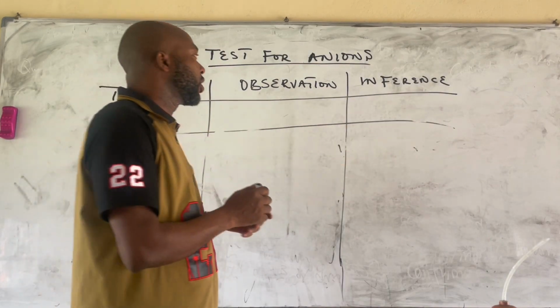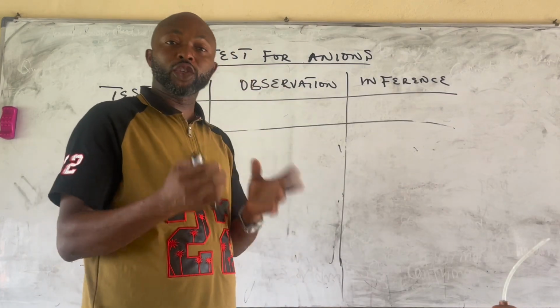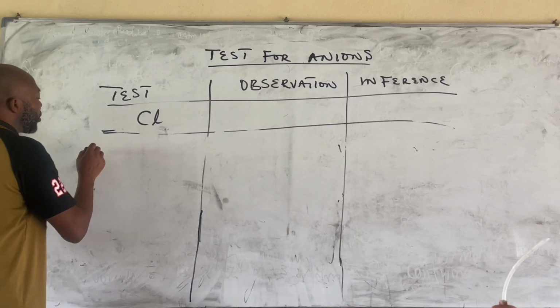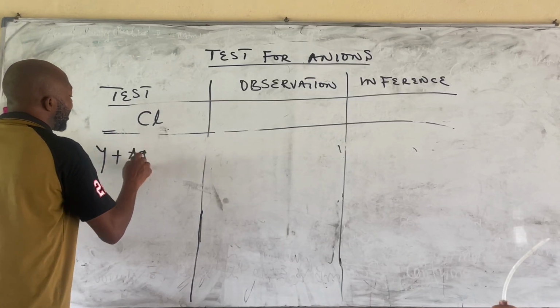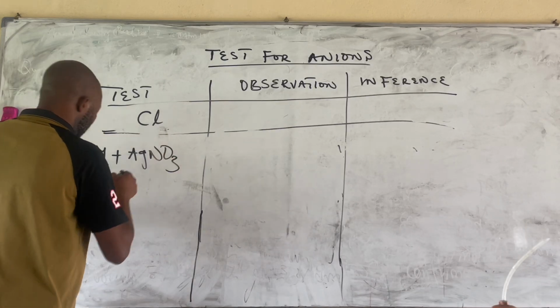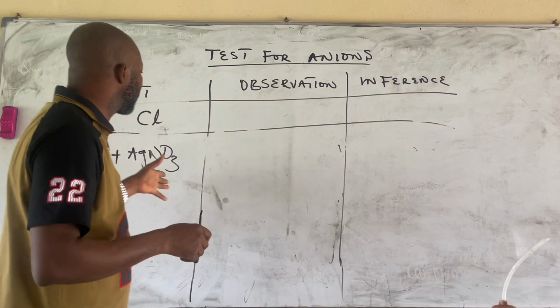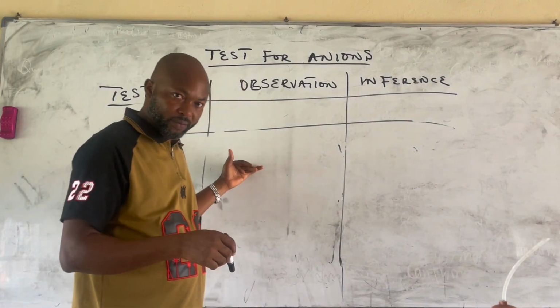Remember that. So that salt is being added in my test tube. I made a solution of it. Then I say sample Y plus silver nitrate. Silver nitrate is the reagent that will be used. When I add my silver nitrate, a white precipitate is formed.